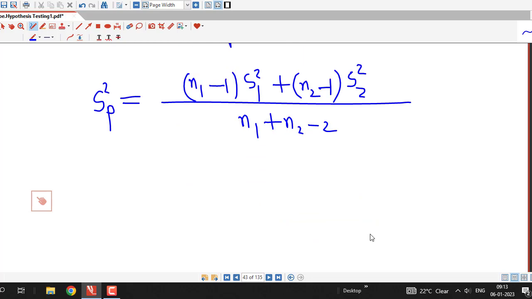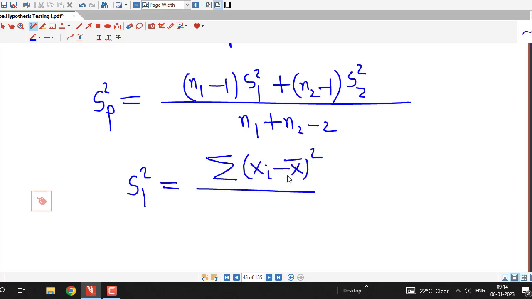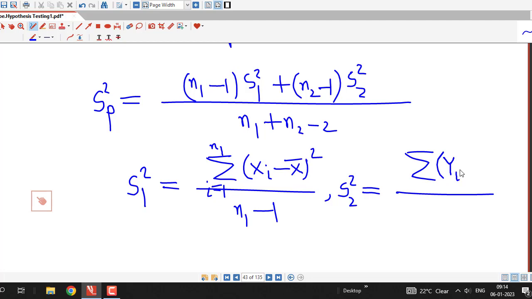And if you recall the formula for sample variance, it is sigma xi minus x bar square, i equal to 1 to sample size, divided by sample size minus 1. Similarly, if we have n2 observations in another sample, then it is given by yi minus y bar square, i equal to 1 to n2, divided by sample size minus 1.